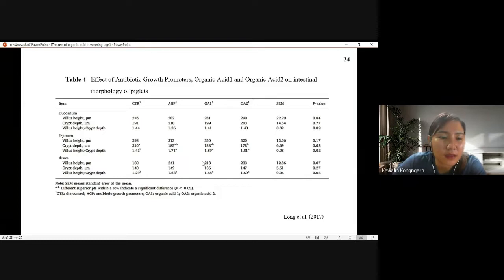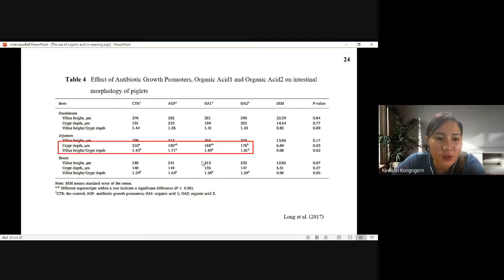Okay, this is the effect of antibiotic growth promoter, organic acid 1 and organic acid 2 on intestinal morphology of piglets. In the jejunum, we will see the crypt depth in organic acid 2 is less than the other groups, but the result is the same as organic acid 1 and antibiotic growth promoter.